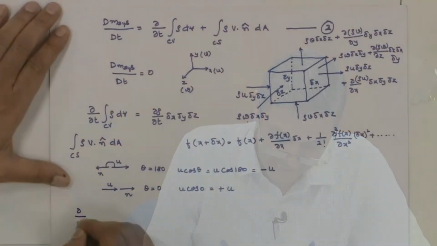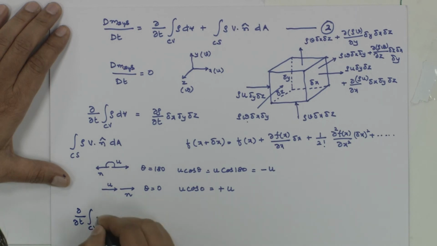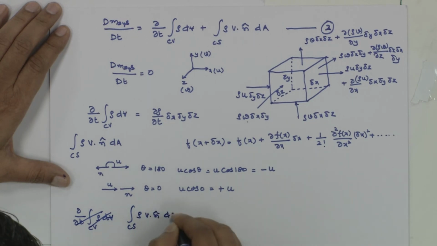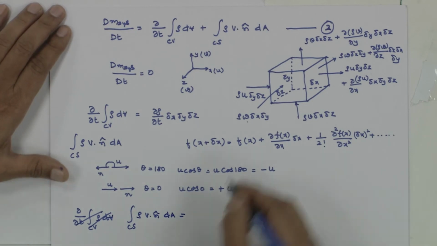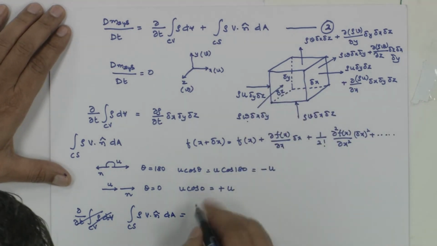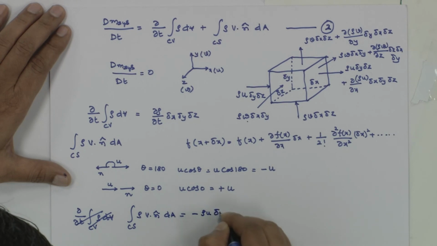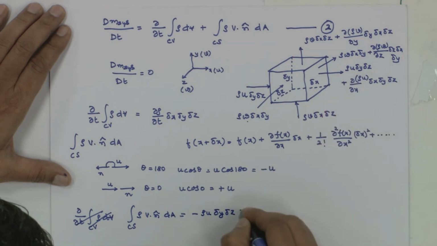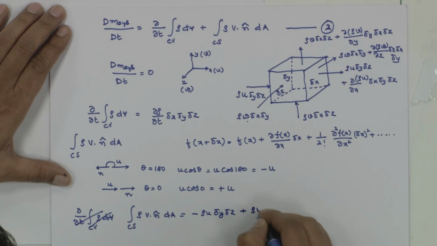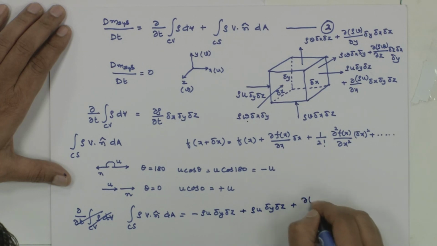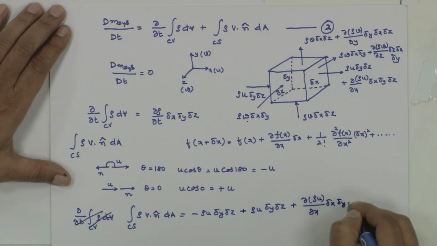So if we do this, I get del by del t of the control volume integral of rho dV equal to the control surface integral of rho v dot n dA, equal to, whatever is getting in would be minus rho u delta y delta z, getting out in the x direction is plus rho u delta y delta z plus del of rho u upon del x delta x delta y delta z.